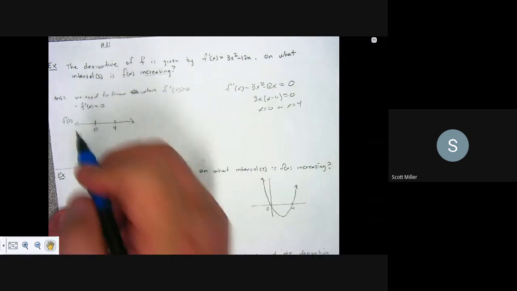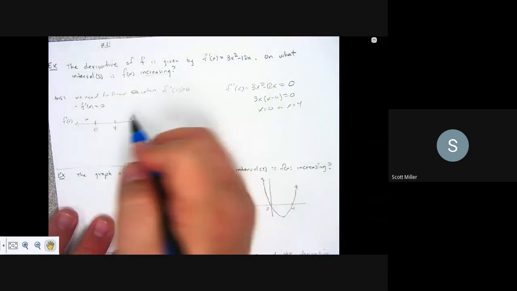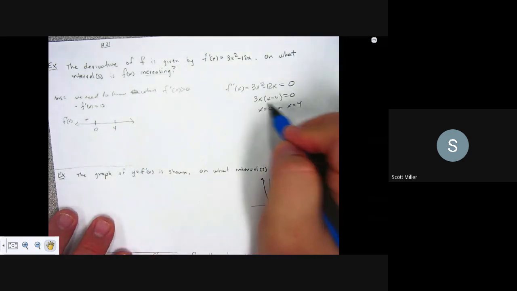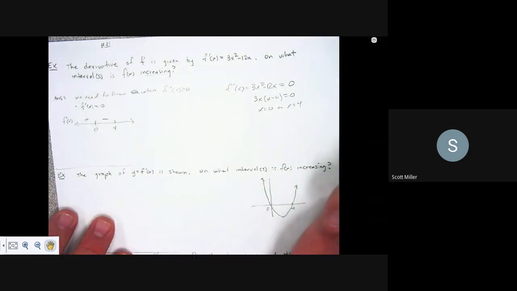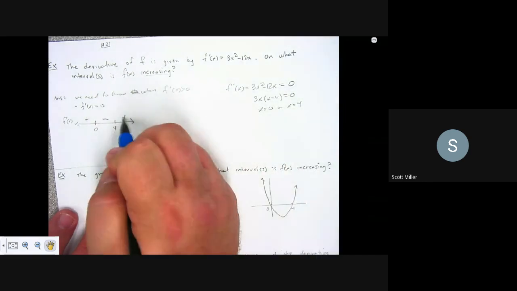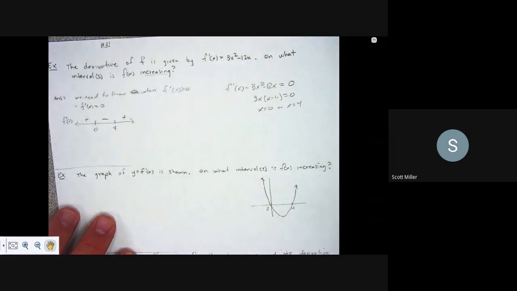Negative times a negative is positive. Pick a number between 0 and 4, like 1: this will be positive, this will be negative, so my answer will be negative. If I pick another number like 5, everything is positive. This is your test points.